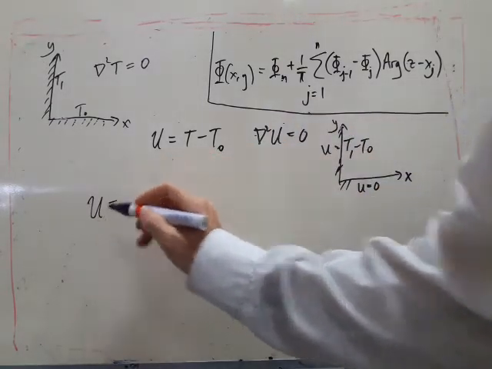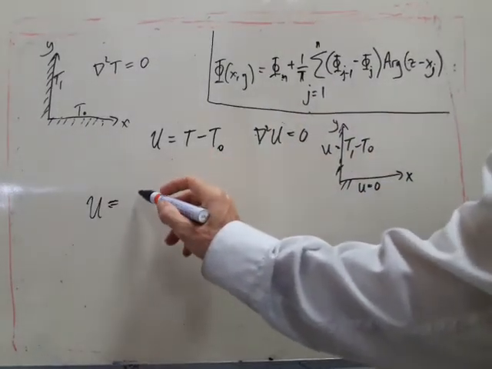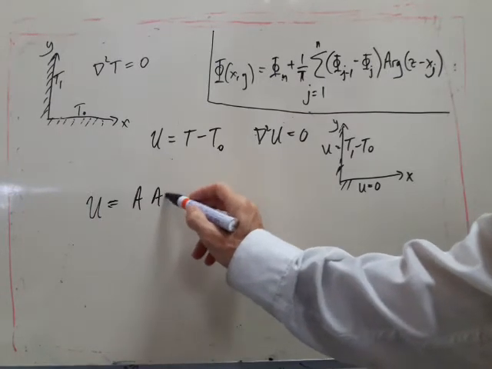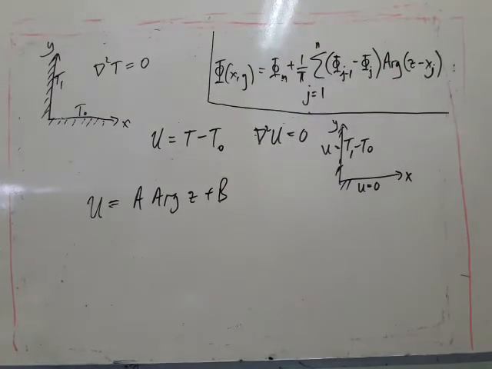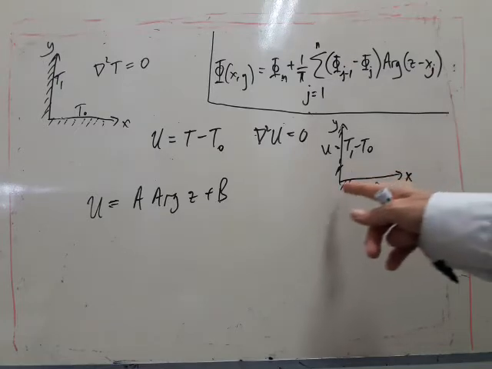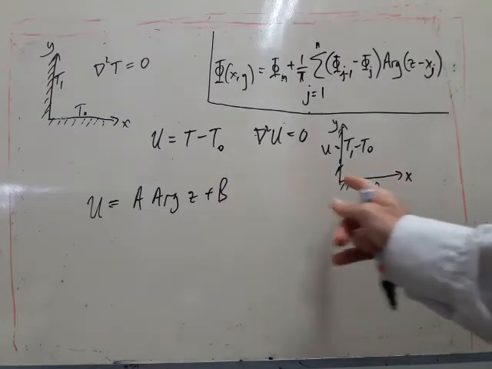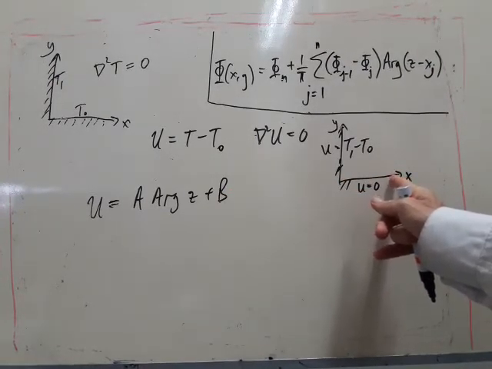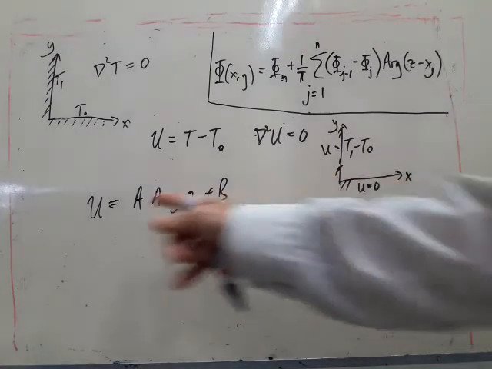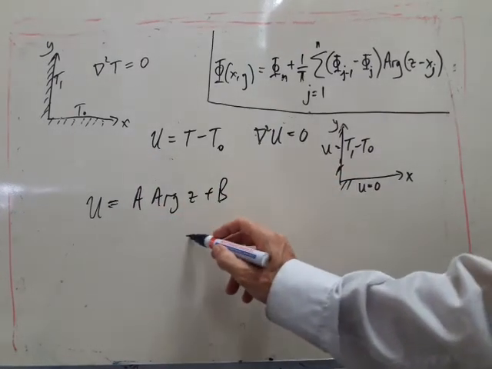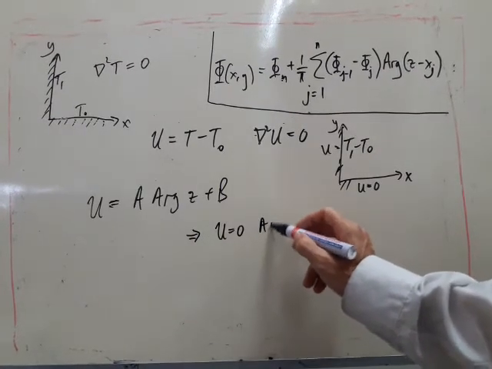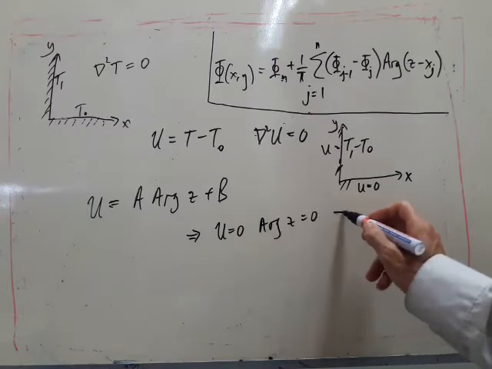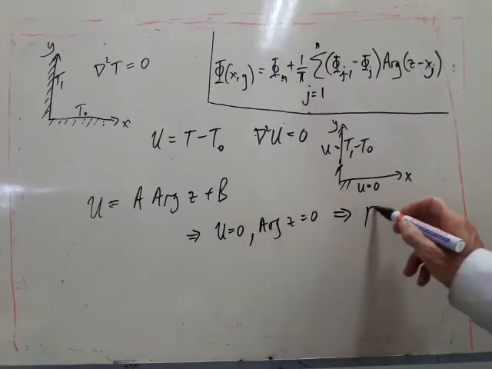So u, because it's a wedge type situation, should equal a times arg z plus b. And we just have to fill in, consider the two cases. Along here, arg z equals 0 and we've got u equals 0, so arg z equals 0 implies that b equals 0.